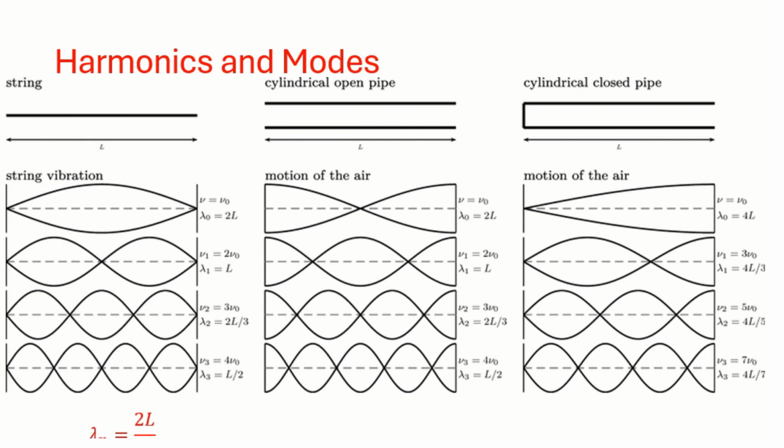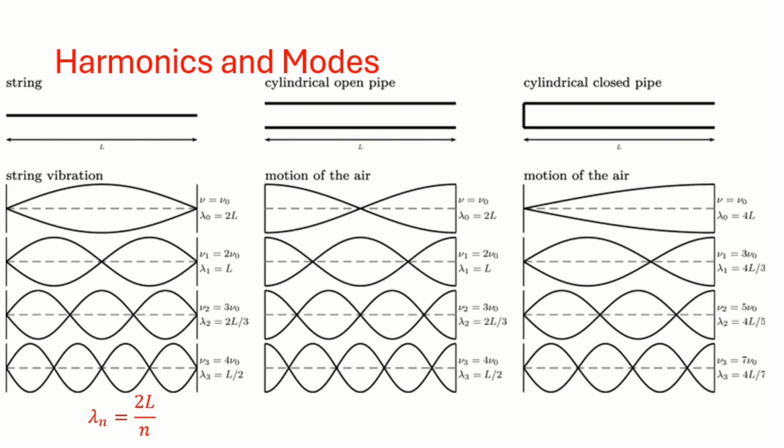If we're looking at the nth mode, the nth harmonic, then for our closed, we have lambda n, so that's the wavelength of the nth mode, is equal to 2L divided by n. So if my n is equal to, I don't know, 3, we would have a wavelength 2L over 3, where again, L is the length of the pipe that we're considering, or the string that we're considering.